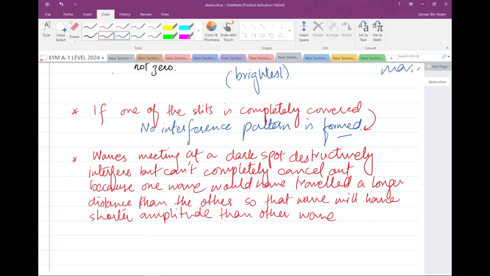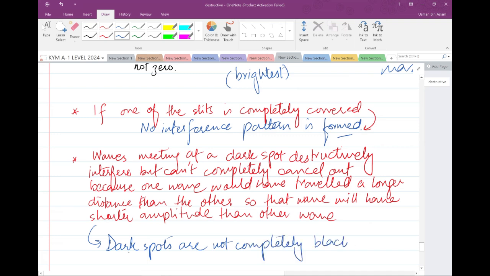So that just means dark spots are not completely black.